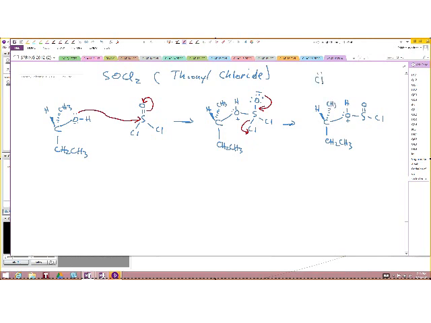Now the chlorine that we displaced is here, and that chlorine now will react as a nucleophile in an SN2 reaction, similar to what we showed you in the case of phosphorus tribromide. It comes here, attacks this carbon from the back, and this leaves with the pair of electrons, and now we are going to get an inverted configuration.